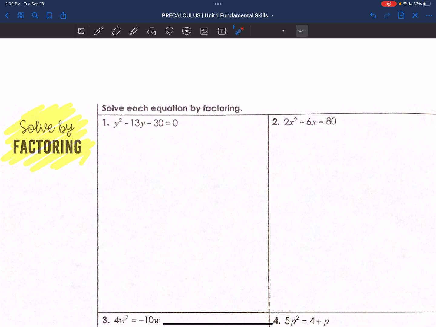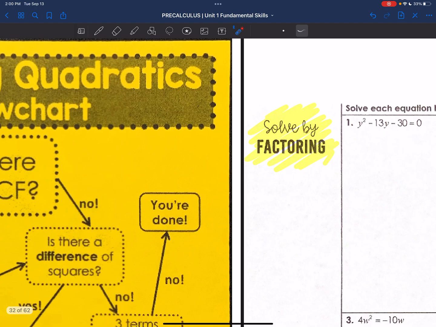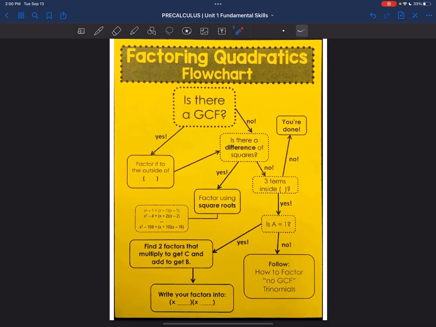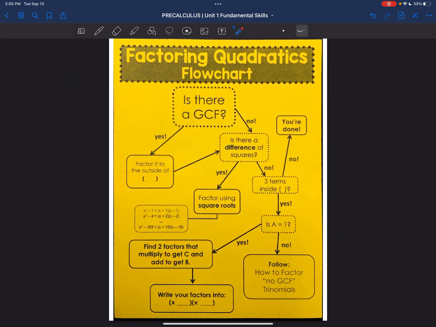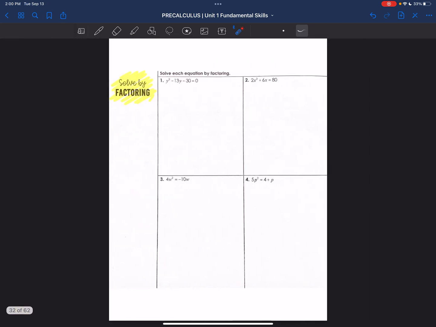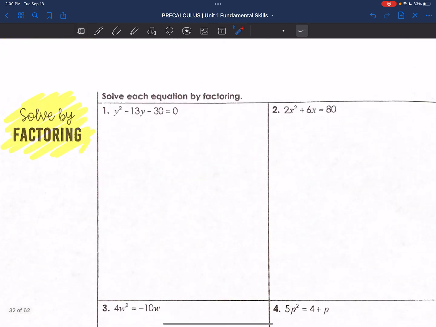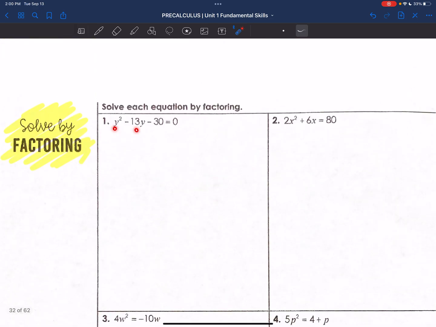When we are solving by factoring, we're going to want to keep in mind this factoring flowchart. The very first thing that we always want to begin by asking ourselves is, is there a GCF? In example number 1, from these 3 terms, is there something that we could divide out from each of them?